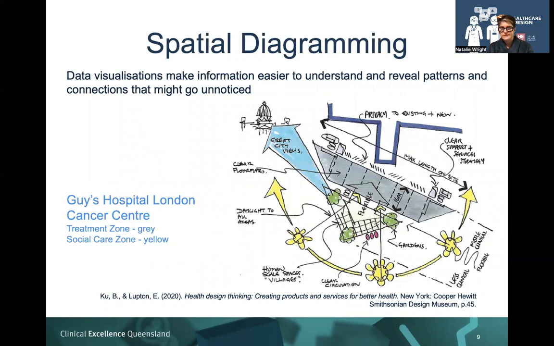As I mentioned in module 2, visual mapping and spatial diagramming are great tools that make information easier to understand and sometimes reveal patterns and connections that we don't see when we're talking about these procedures and experiences.